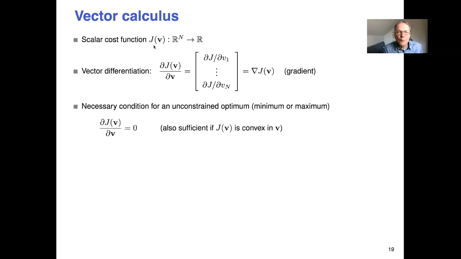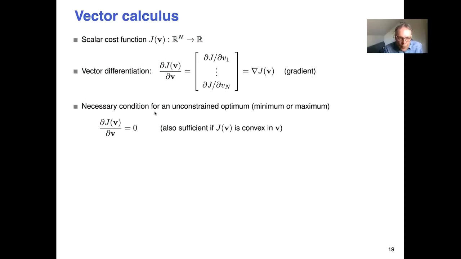If we want to minimize something like that, we'll have to look at the gradient, and do the differentiation to optimize with respect to this vector of parameters. This defines the gradient, where you take the vector of partial derivatives.